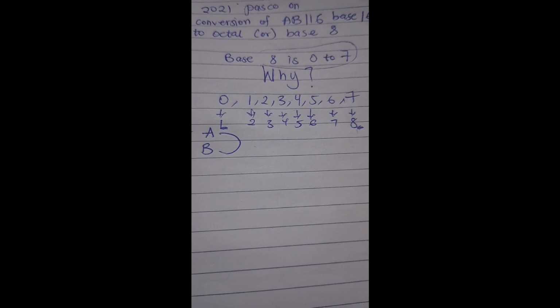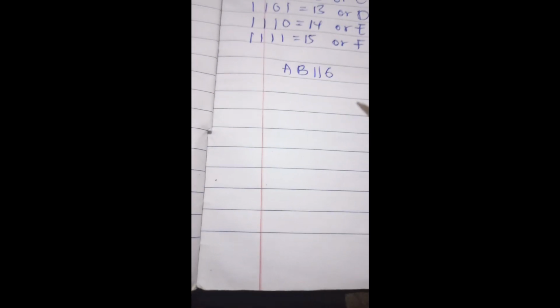That is why the 7th number is 8. That is base 8. So it is 0, 1, 2, 3, 4, 5, 6, 7. So 0 to 7 is equal to base 8. The 8 itself is not part of it. So I think we have a clear understanding of this.